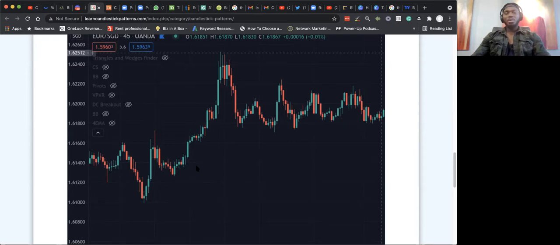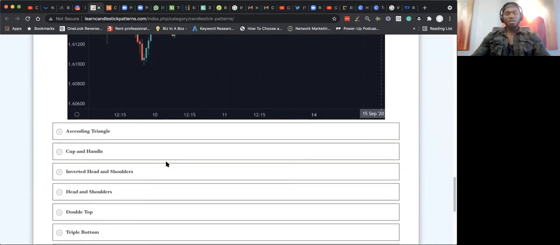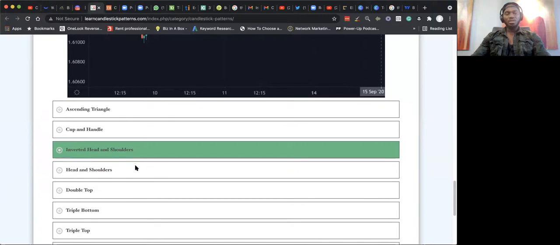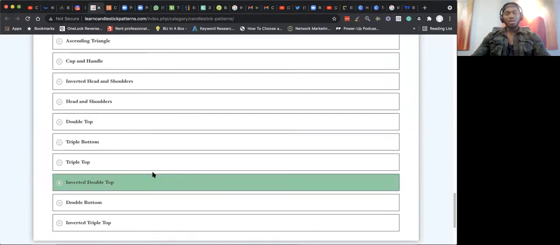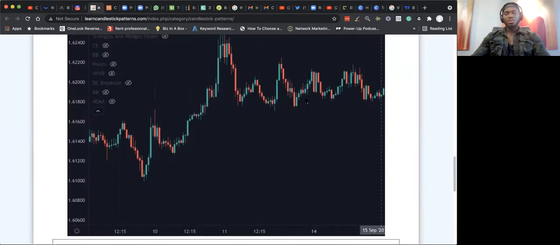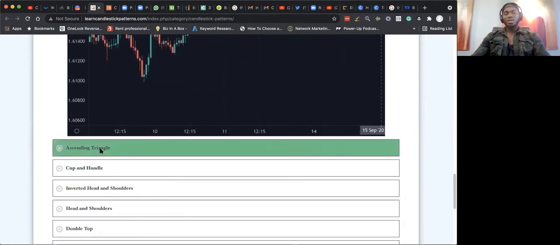Okay, so here are the options: ascending triangle, cup and handle, inverted head and shoulders, double top, triple bottom, triple top, and so on. Well, there's one bottom, second bottom, third bottom. So we just have it. I'm gonna go with an ascending triangle again.